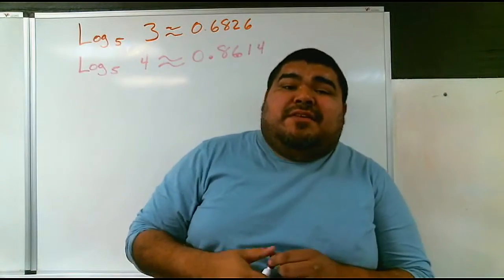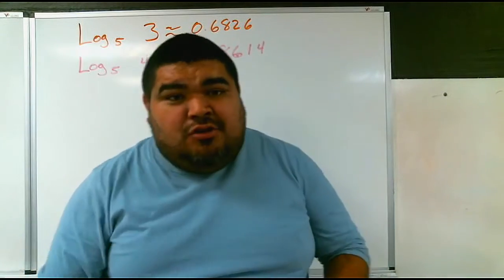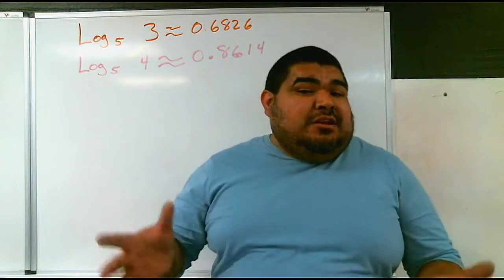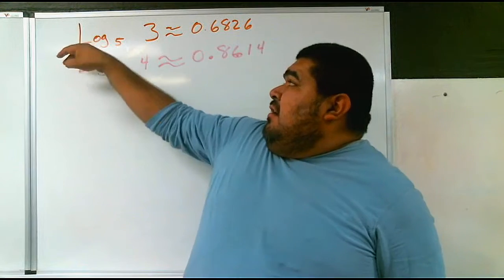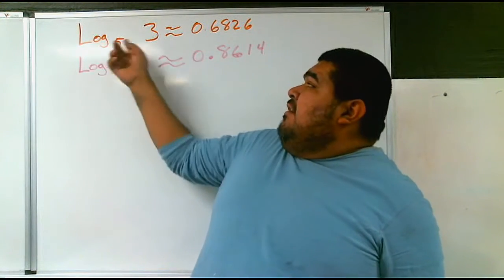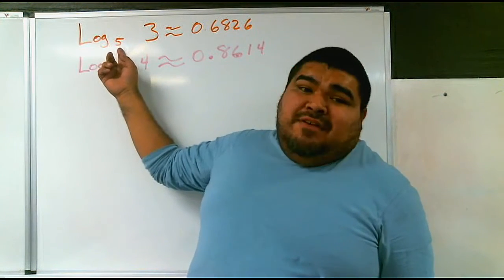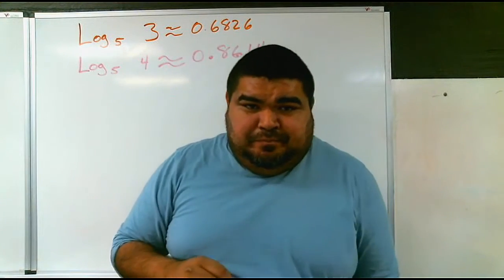The way we verify it is, remember, last class you learned how to convert from other logs that are natural to find an answer. It's log of the big number, in this case log of 3, divided by log of 5, and it should give you that answer.